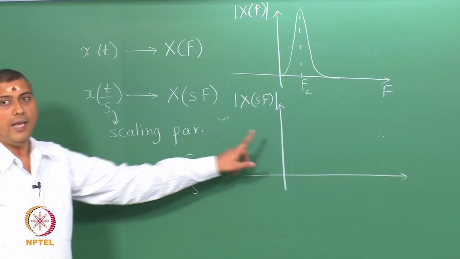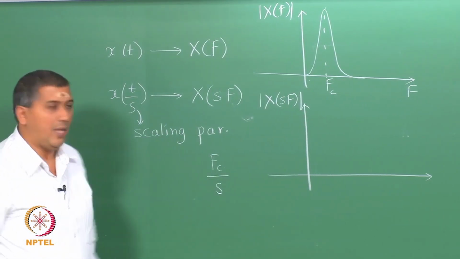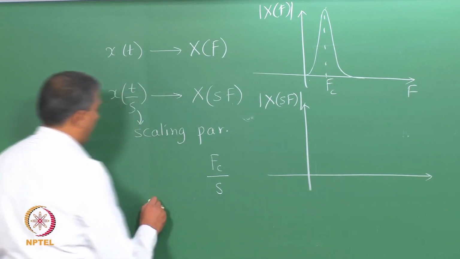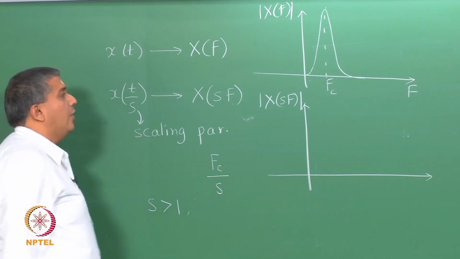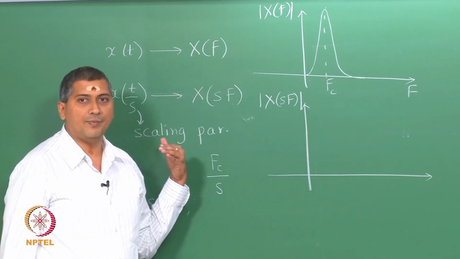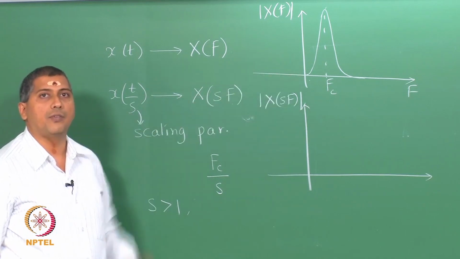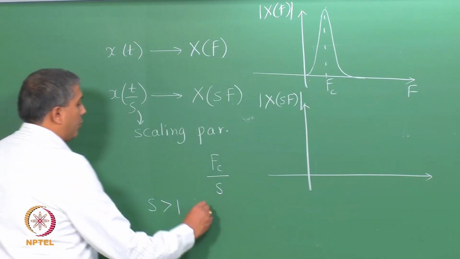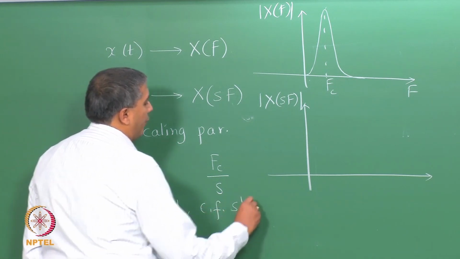Whether it shifts to the right or to the left depends on the value of s. If s is greater than 1, then the center frequency shifts to the left, because Fc over s is going to be less than Fc.